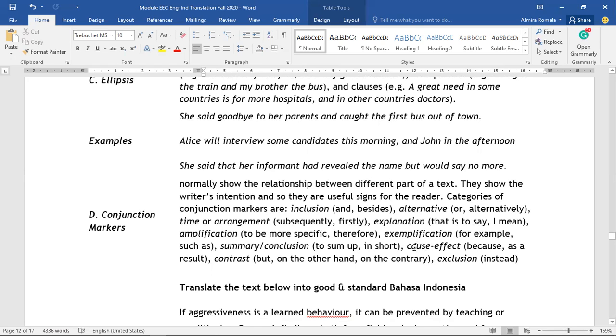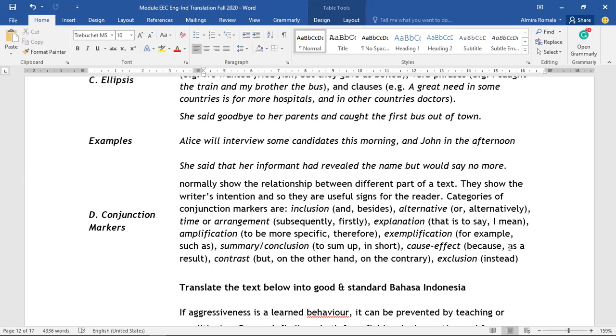And then there is also cause and effect, like the words use, because, as a result, so that, since, as for.